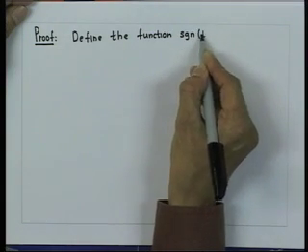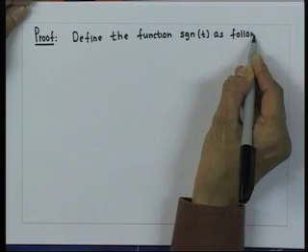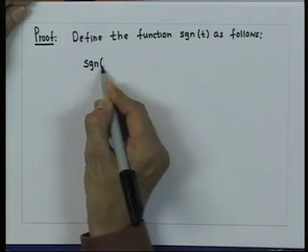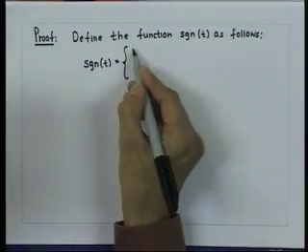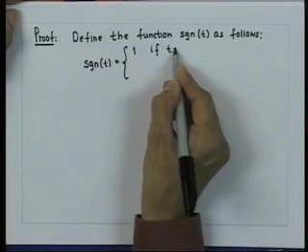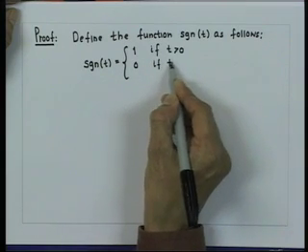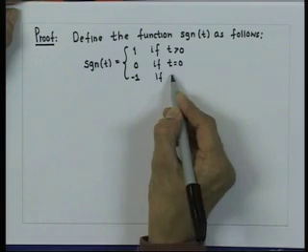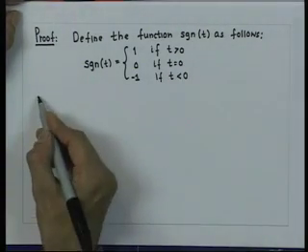Signum t is defined as: it is equal to 1 if t is greater than 0, equal to 0 if t is equal to 0, and equal to minus 1 if t is less than 0.